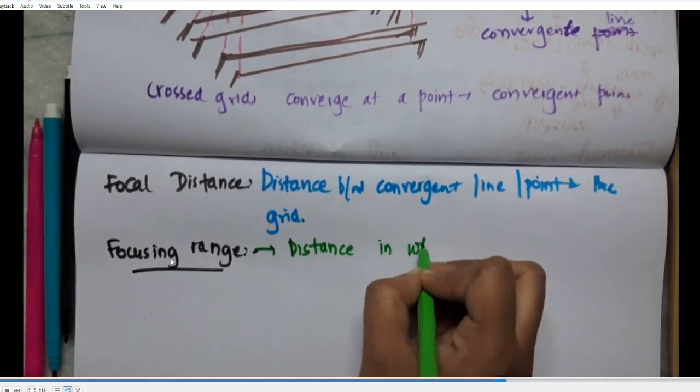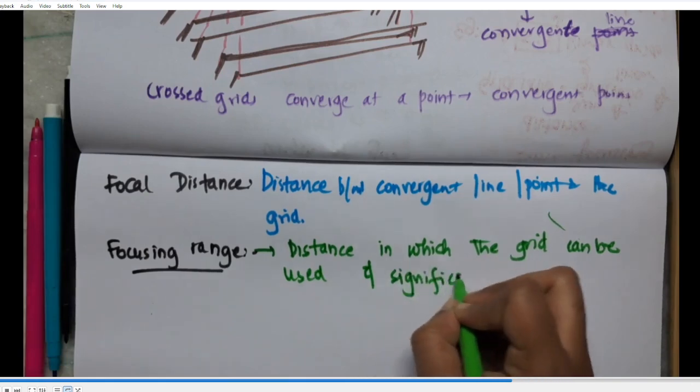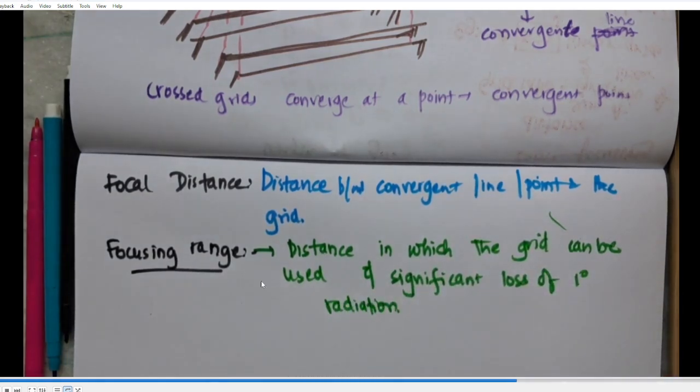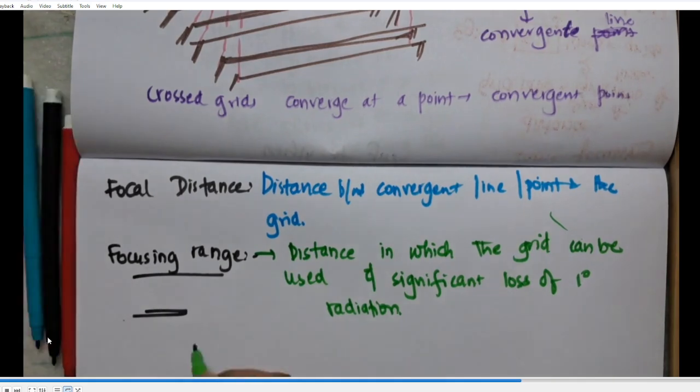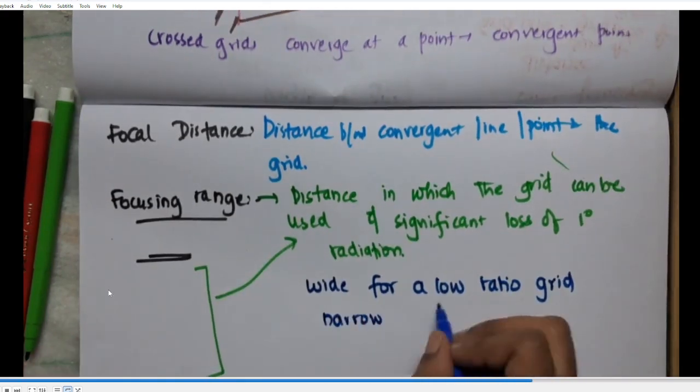The focusing range indicates the distance within which the grid can be used without significant loss of primary radiation. This focusing range is fairly wide for low ratio grids and narrow for a high ratio grid.